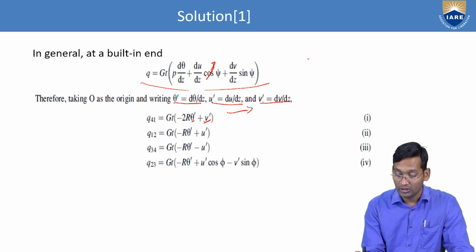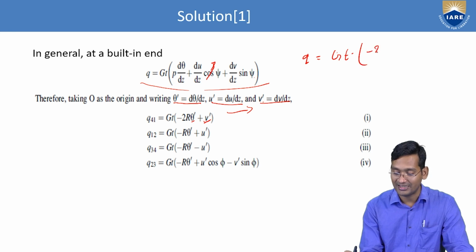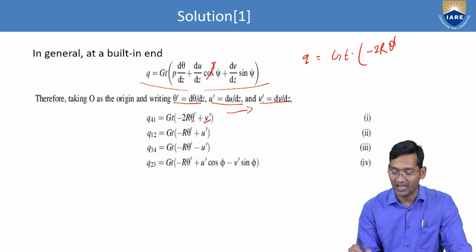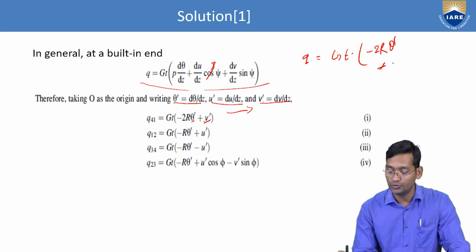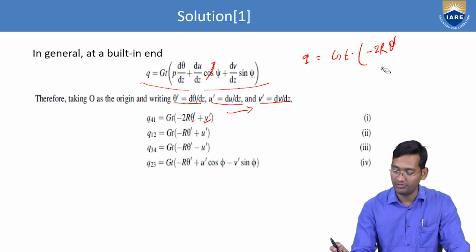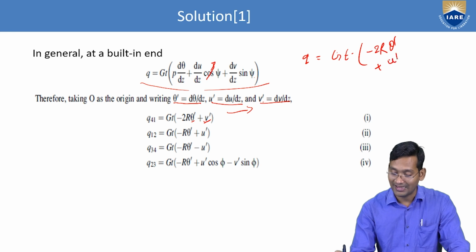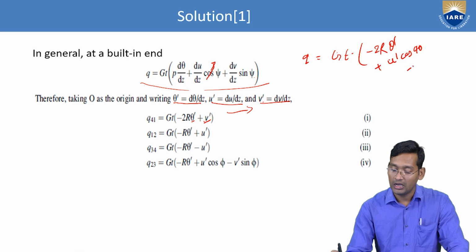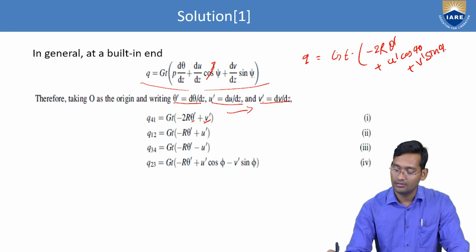So put Q equals GT into P, given as minus 2R, times theta dash, plus du by dz, that is u dash cos 90, plus v dash sin 90.